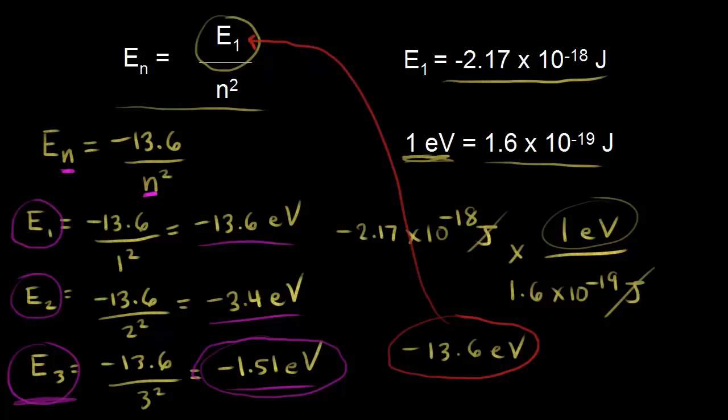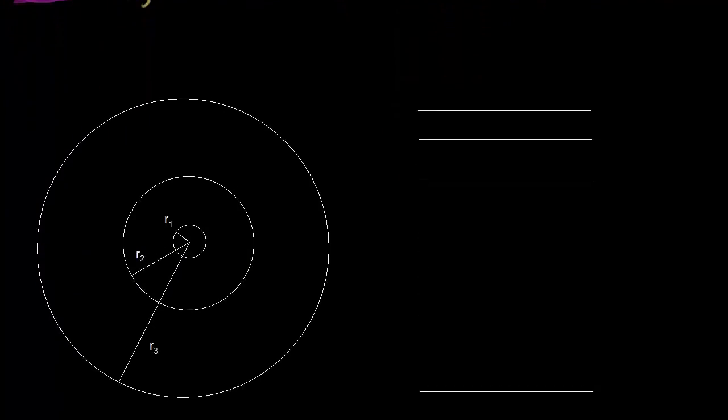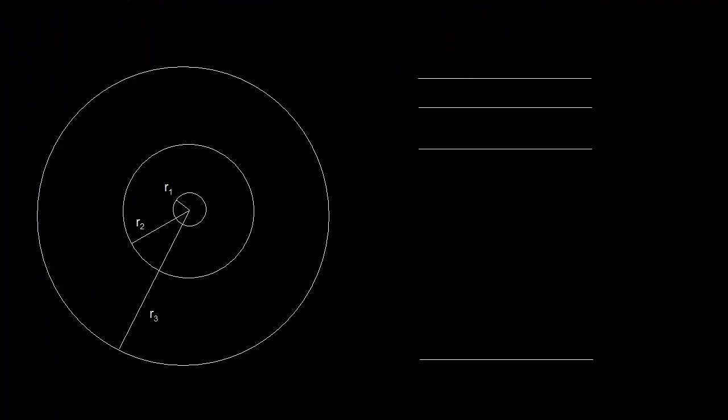All right, let's talk about the Bohr model of the hydrogen atom really fast. Over here on the left, just to remind you, I already showed you how to get these different radii for the Bohr model. This isn't drawn perfectly to scale, but if we assume that we have a positively charged nucleus, which I just marked in red here, we know the electron orbits the nucleus in the Bohr model.